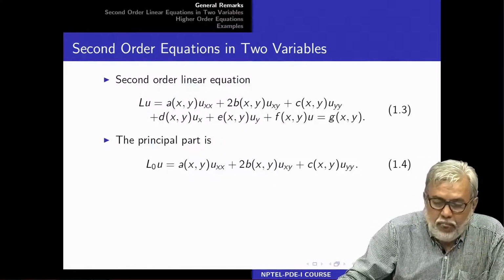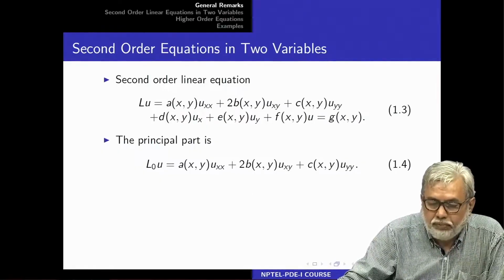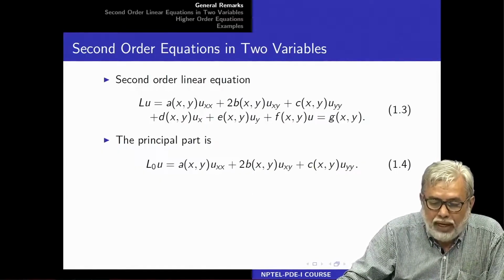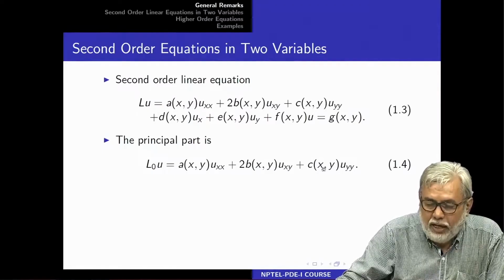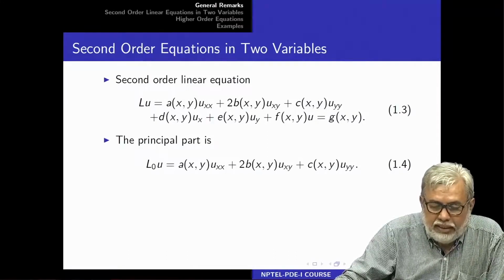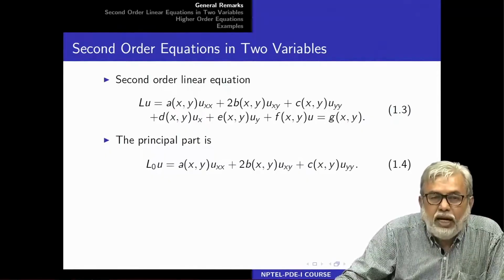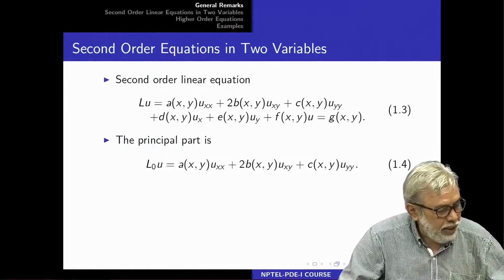And before proceeding, the one important simplification we have in case of two variables. See, the quadratic form associated with this principal part is a xi square plus 2 b xi eta plus c eta square. So, let me write it in xi and eta variables, and whether it is definite or indefinite depends only on one quantity.